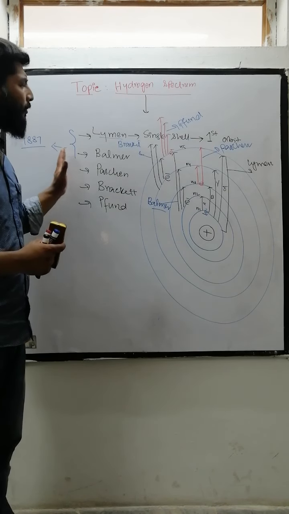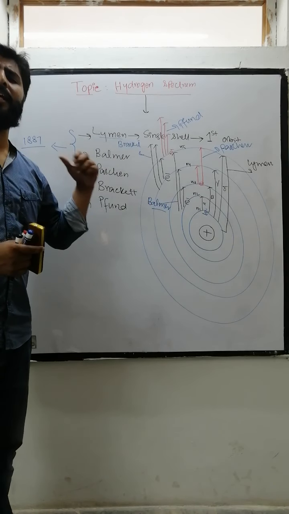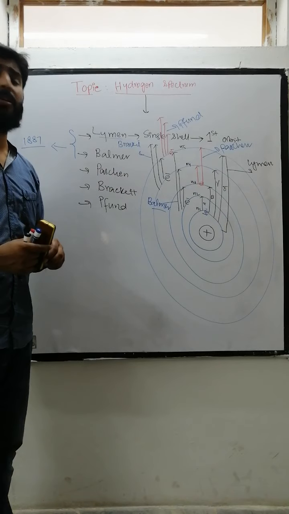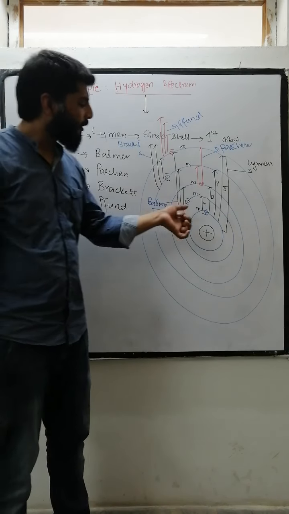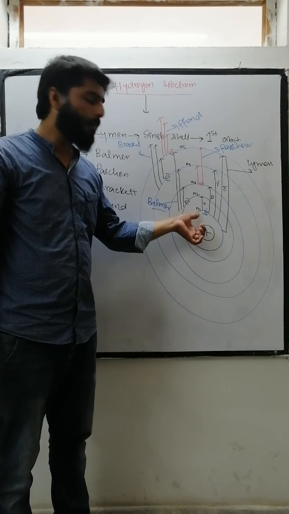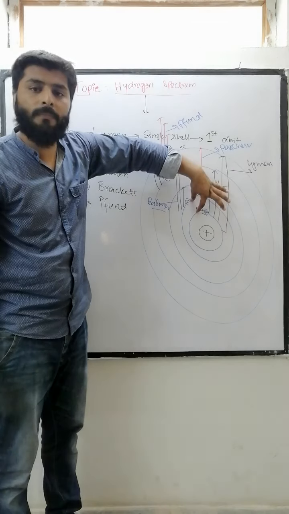Dear students, we can find energy as well as wavelength, wave number, and frequencies of these transitions. When an electron transitions from n1 to n2, there will be a specific energy change.